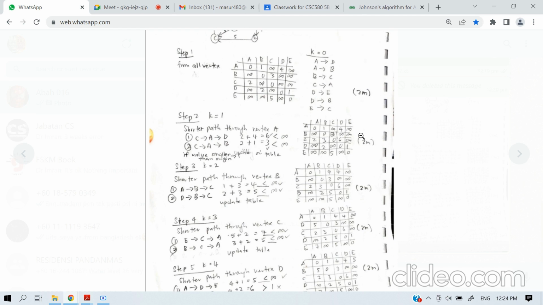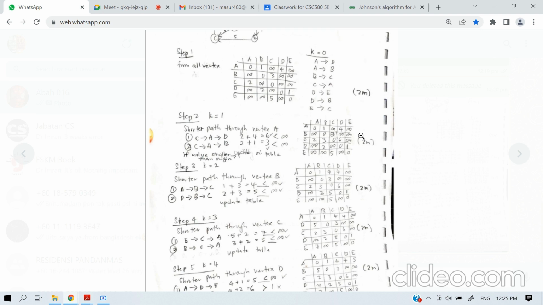And then for C to B going through A, C goes to B, the original one, if you look, is infinity. So you need to change the infinity to 3. The others, do not change. You only change the ones related to K1. So if the value is smaller than the original value, please update the table. So you write it as usual again.